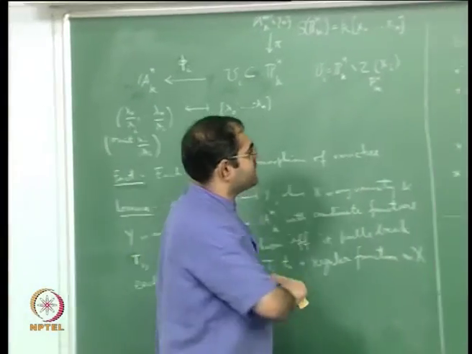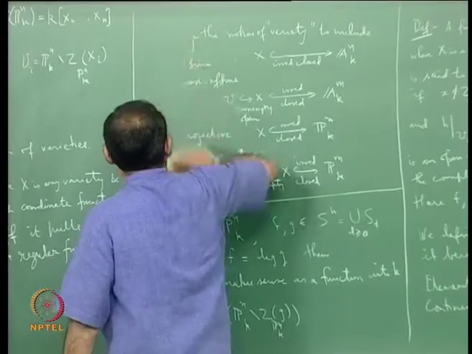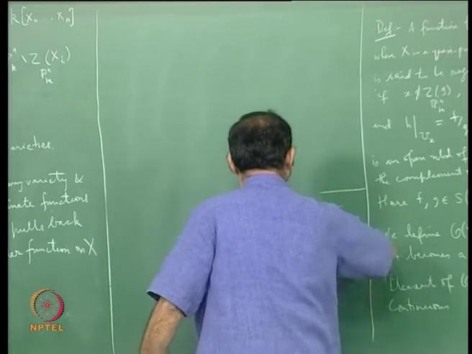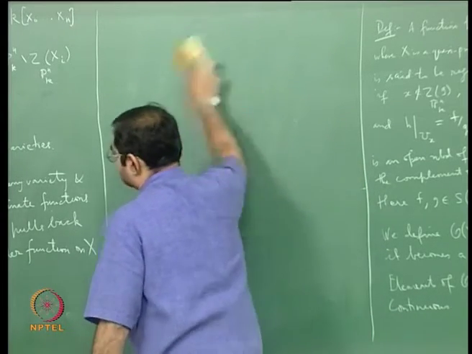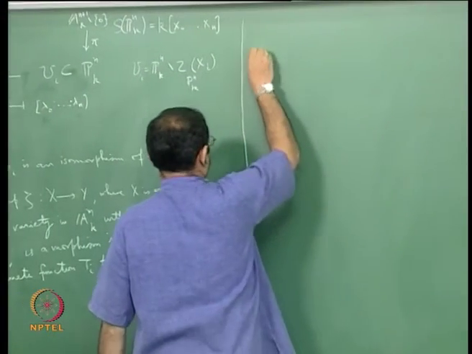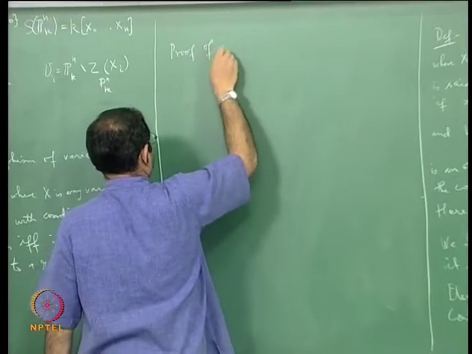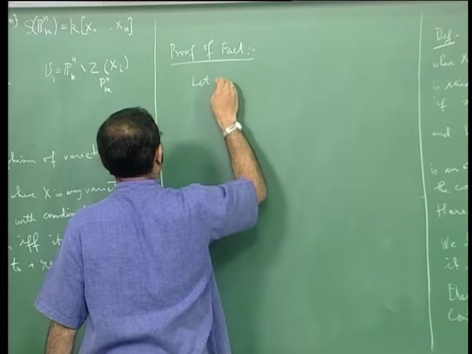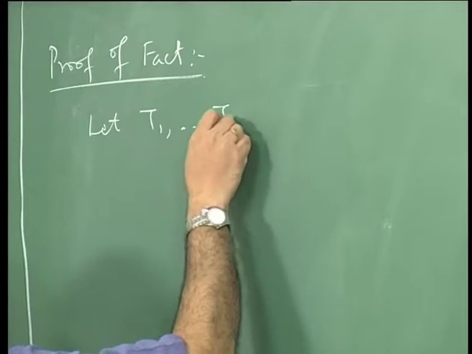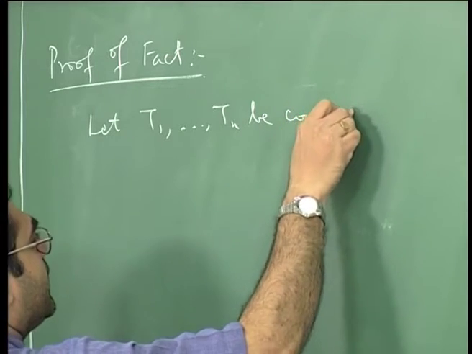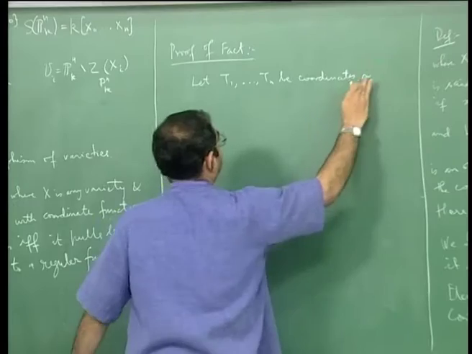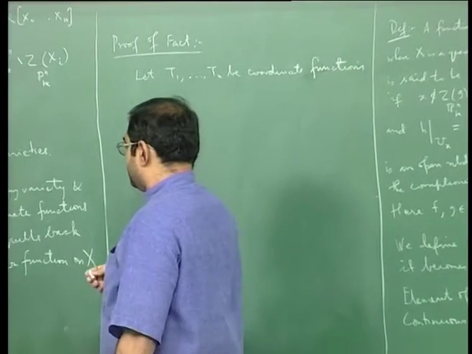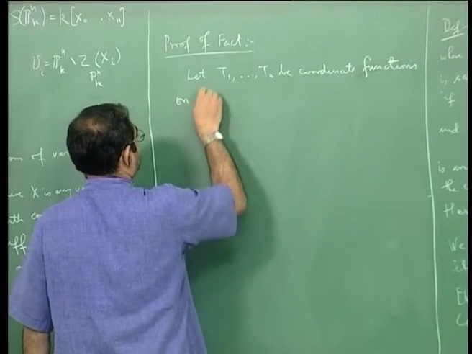So let me write this down. Proof of fact: let t1 through tn be coordinate functions on the target A^n.